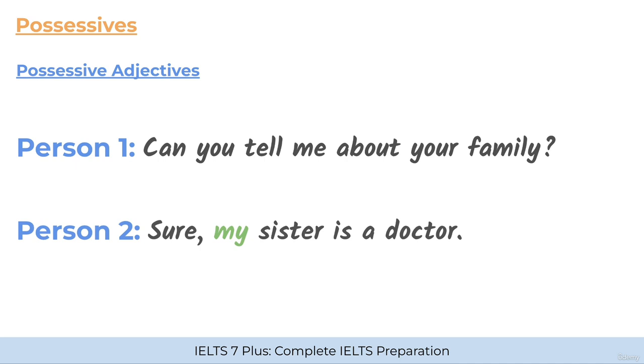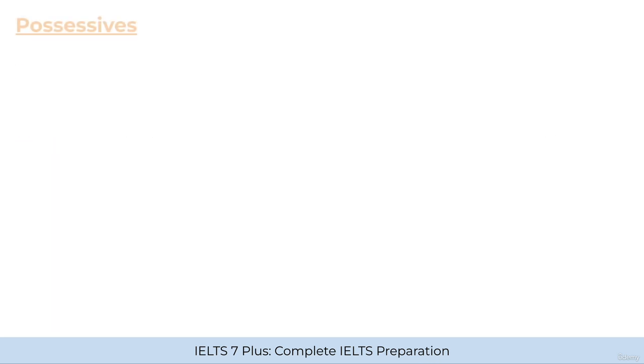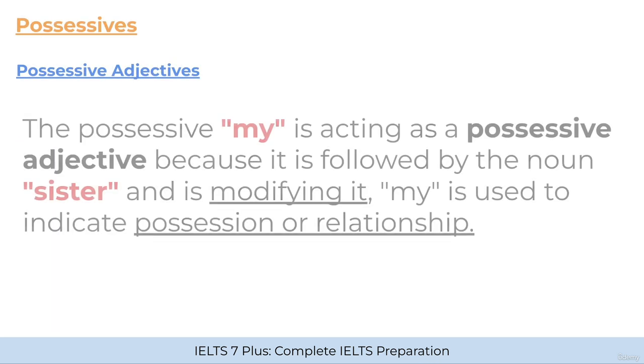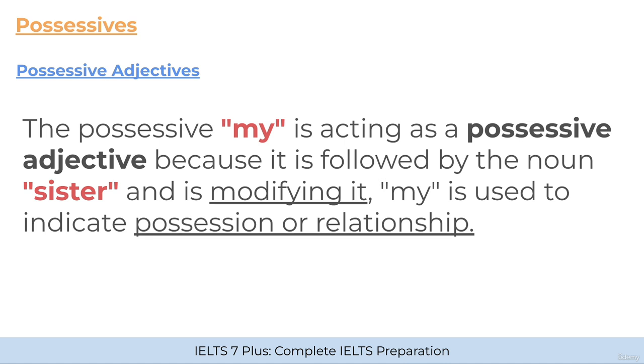Sure, my sister is a doctor. That's an example, and I've highlighted the green possessive adjective my there. Okay, so what is special about this my? Well, it's acting as a possessive adjective because it's followed by sister. So therefore, my is modifying sister, indicating the relationship. So now, as the reader or the listener, we understand that the speaker is related to the sister.